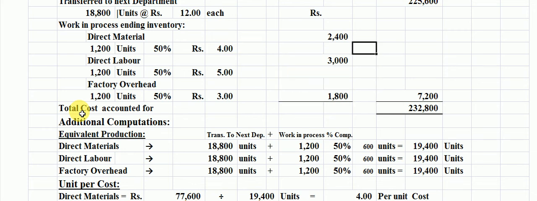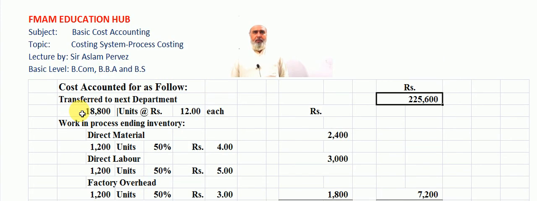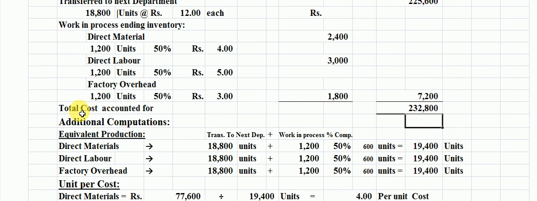Now we sum up all these values. We find 7200 rupees as the total cost which is still in process in ending inventory. When we add the value of this and this, we get the value of 2,32,800 rupees.